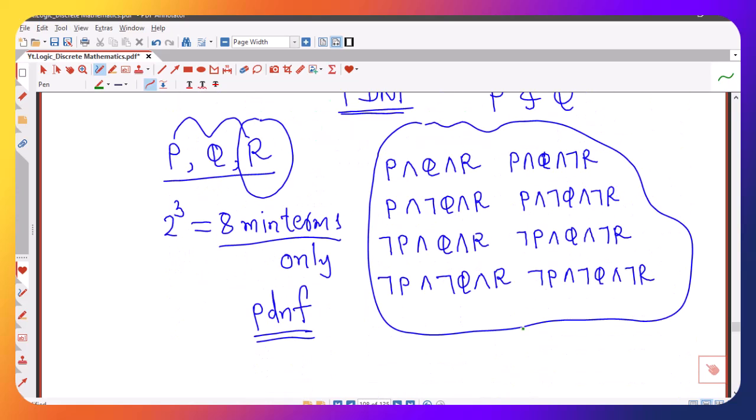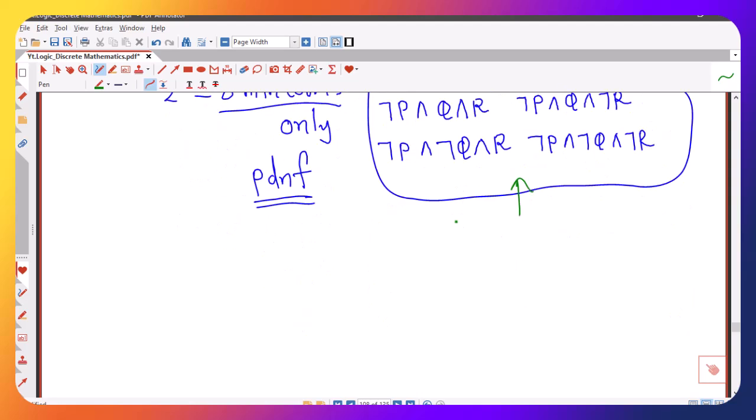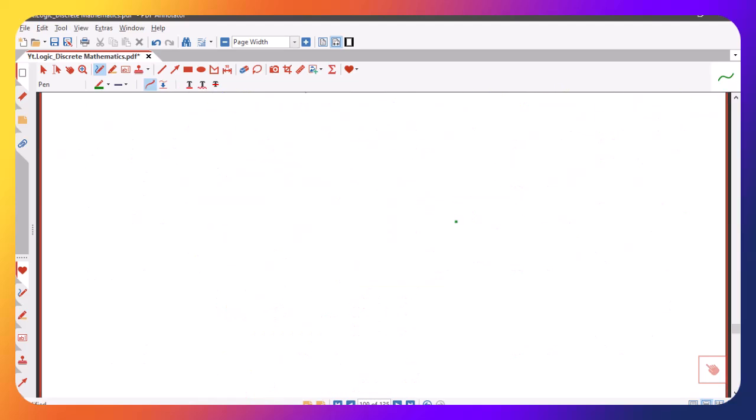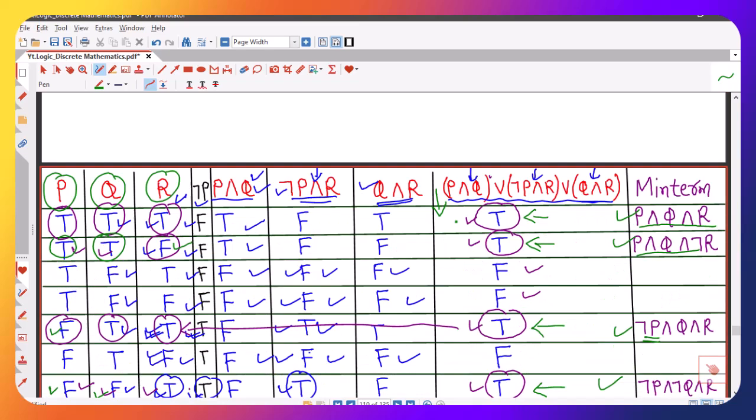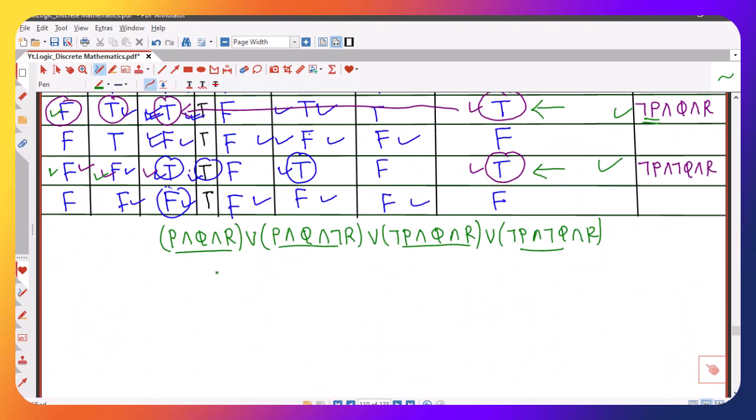All those min terms are out of these 8 min terms. So we have written the disjunction of min terms only, therefore this is the required principal disjunctive normal form of the given formula.